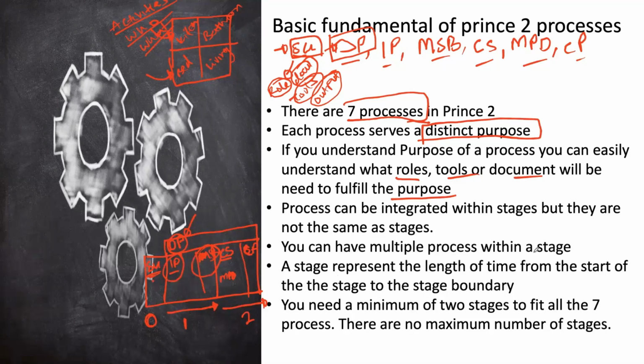You can have multiple processes within a stage, as you can see in particular in stage 1. You have both your IP, initiating a project process, as well as your managing stage boundary, both operating within stage 1. And if you look at stage 2, you have 3 different processes operating there: your controlling a stage process, your managing product delivery, as well as your closing a project process.